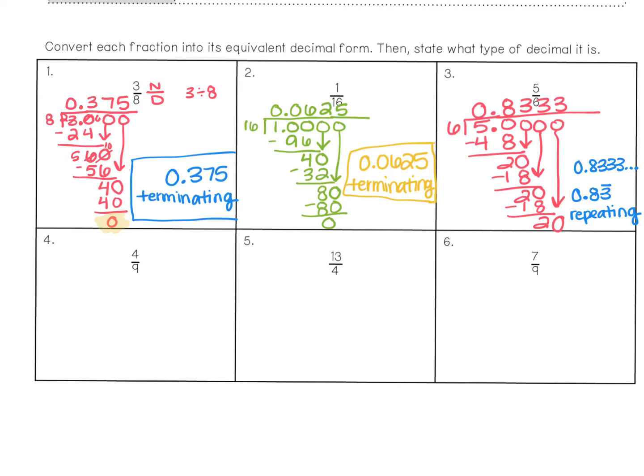Our next example is 4/9. So I'm going to divide 4 by 9. I know that 9 is going to go into 40 4 times.